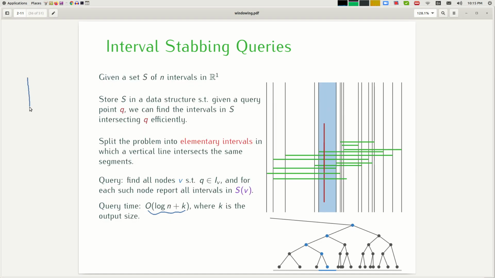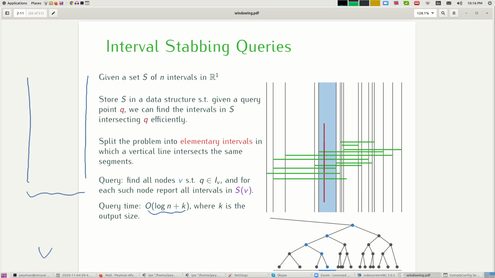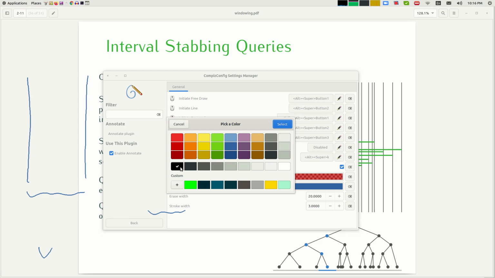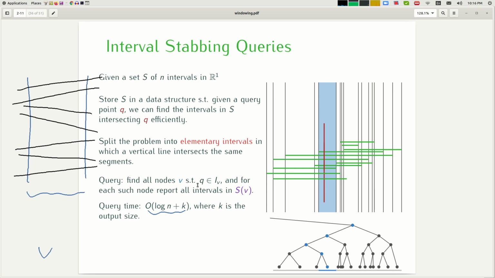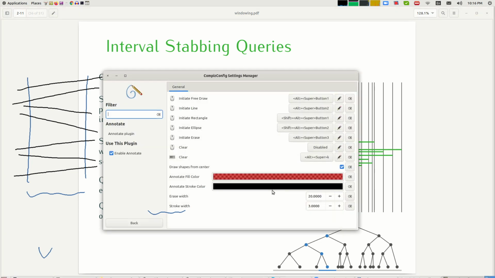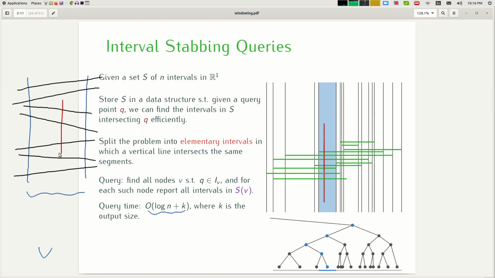Imagine that I have this node V and its range is this slab, and I have a bunch of input line segments that are disjoint and completely span this x range. So maybe they look something like this.